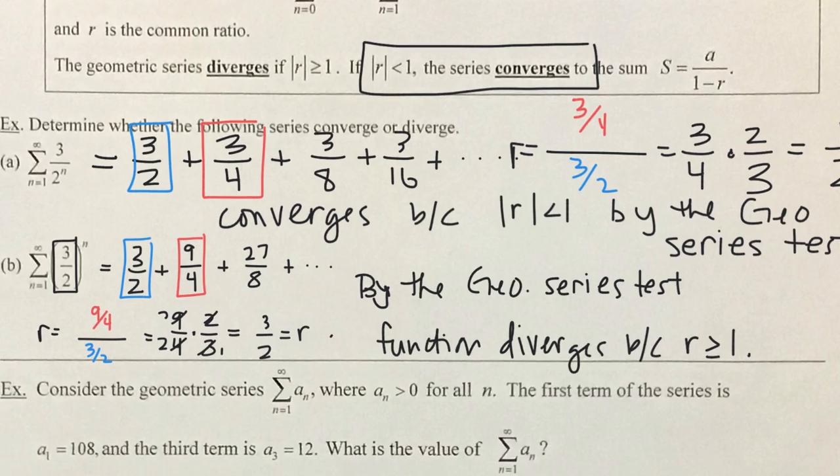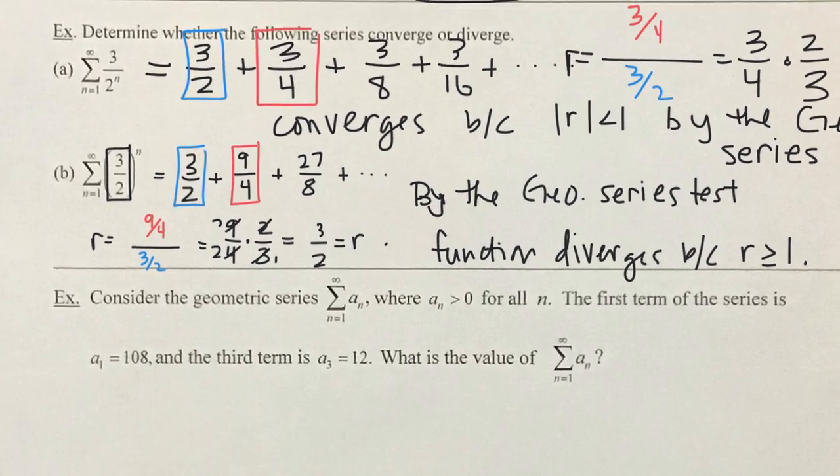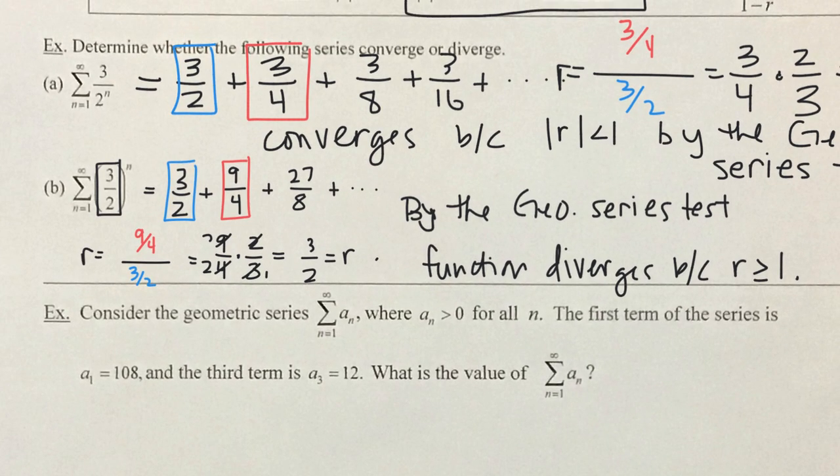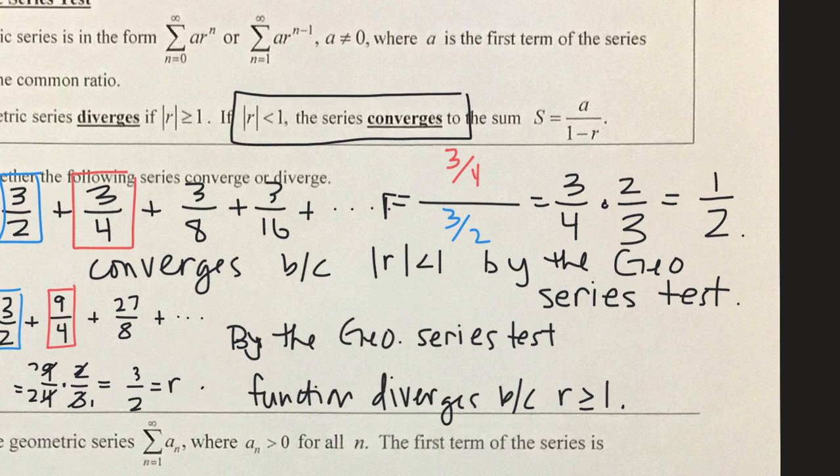Okay, what do we have next? We have a geometric series, some random, non-specific one. The first term is 108, and the third term is 12. So what's the value of your series? Well, we have to do all of our work and find that ratio. We have this formula up here that we're going to use to find that sum.